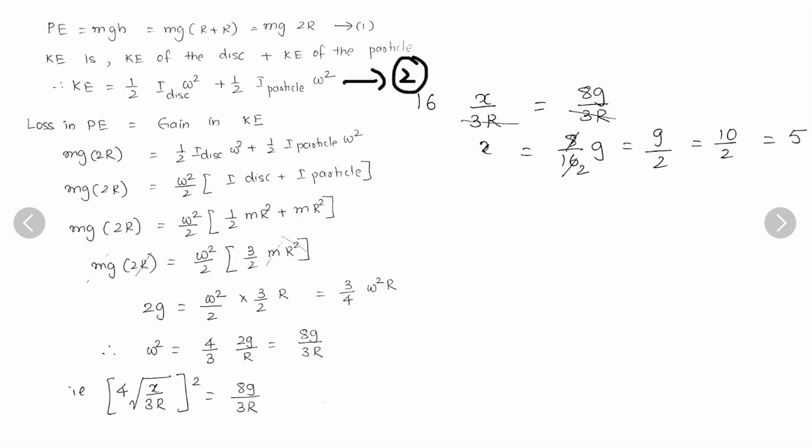Therefore loss in PE, mg2r, is equal to gain in KE, half I disk omega square plus half I particle omega square.